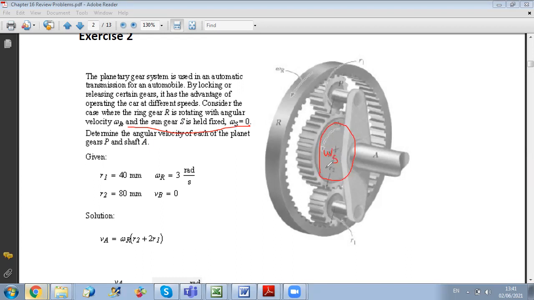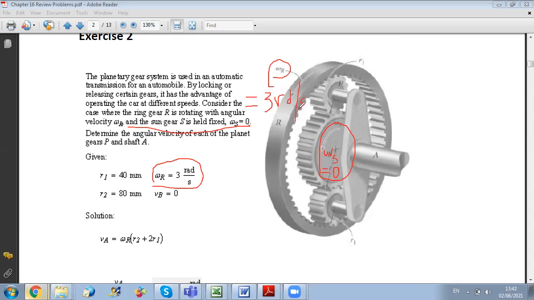So omega s is equal to 0 in this case. And what we are doing is that we impose a certain angular velocity for the ring, which is the external gear, the big gear here. We impose on it an angular velocity of 3 radians per second. Okay, so omega r is equal to 3 radians per second.